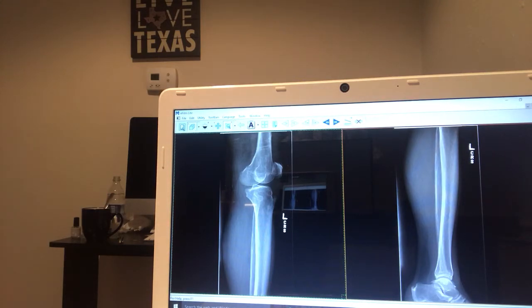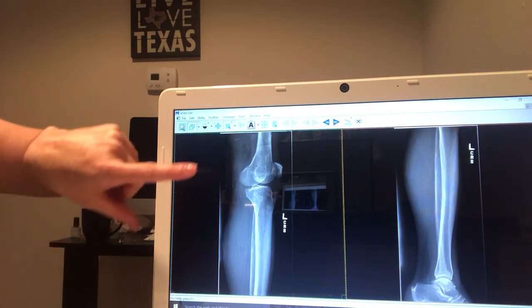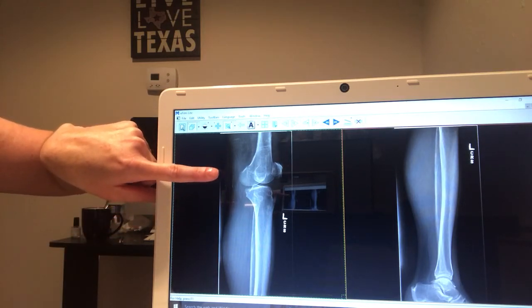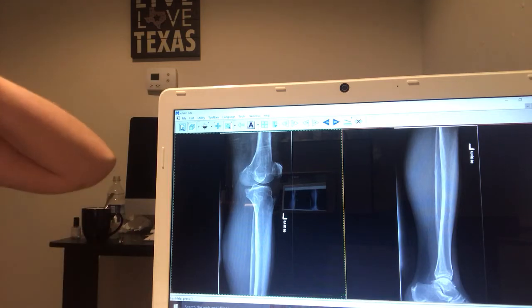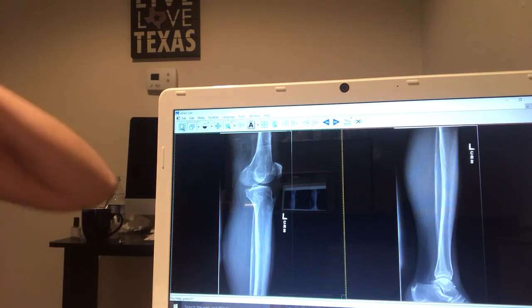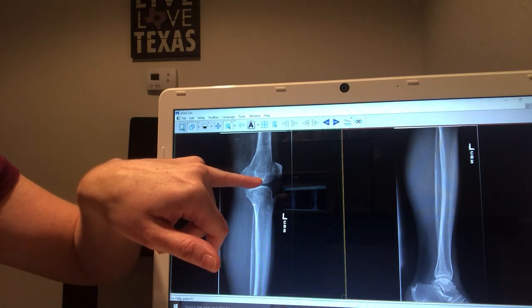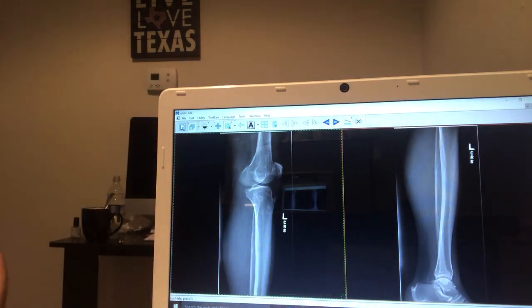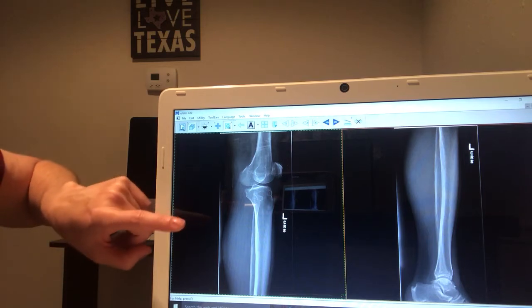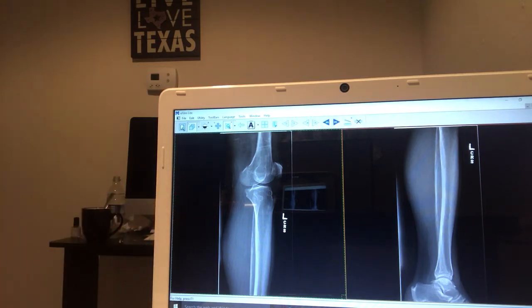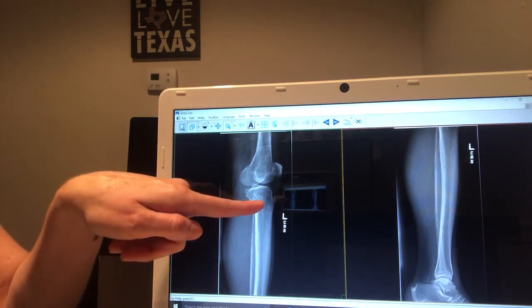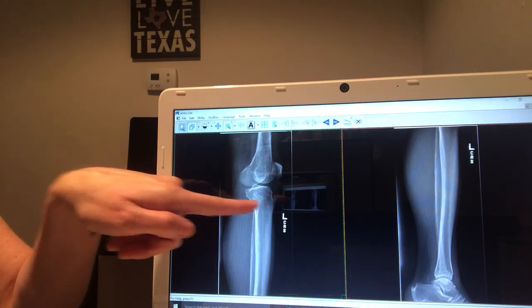So as far as rotation wise, we can clearly see that the femoral condyles are nowhere near close to superimposition. The patella has been foreshortened, and also, you can see the tibial tuberosity right here. You should not see that.